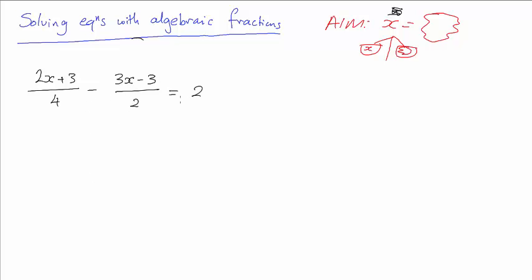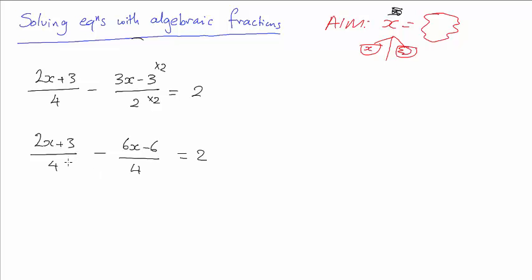So look, we've got two fractions. We're going to join these two. So here's what I'm going to do. I need a common denominator. That's going to be 4. So I'm just going to be timesing this one by 2. I don't need to bother with this. So let's see what that becomes. So I've still got this one exactly the same. Minus 6x minus 6 over 4. Excellent. So now I have to be careful with this.